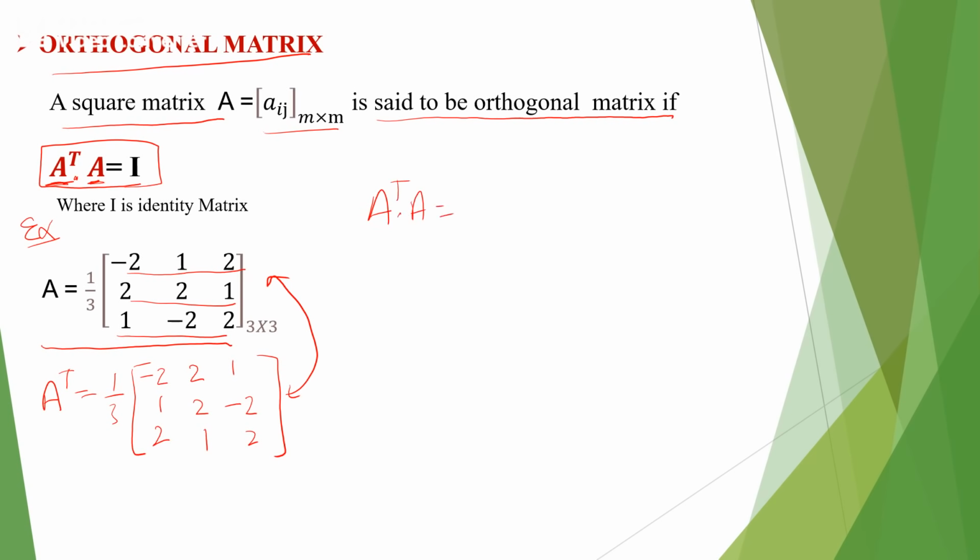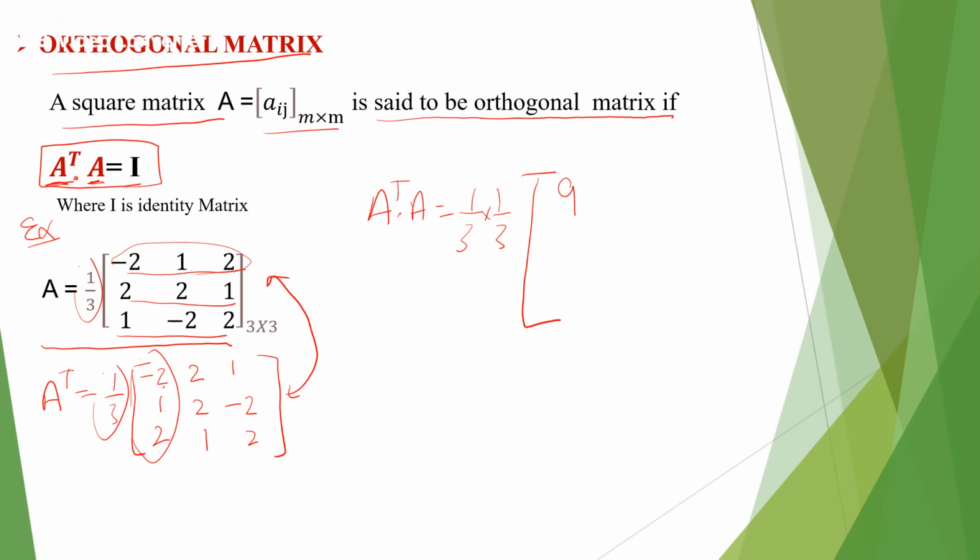What do we get? 1/3 into 1/3, because these are scalar values. The first row by the first column, we get -2 into -2, which is plus 4, plus 1, plus 4, we get 9.